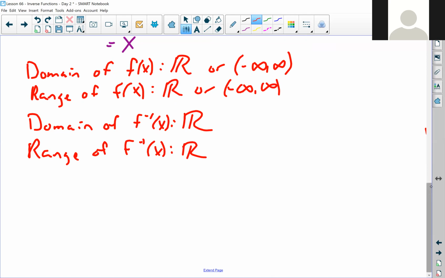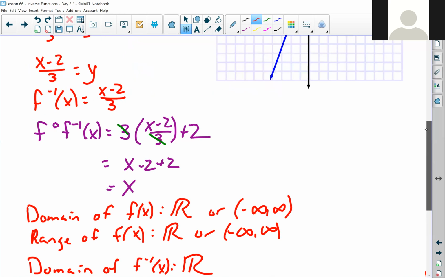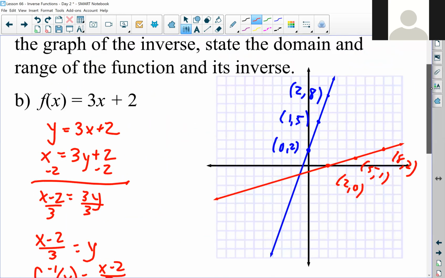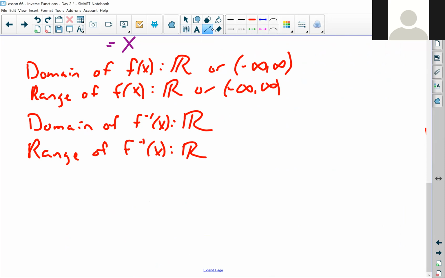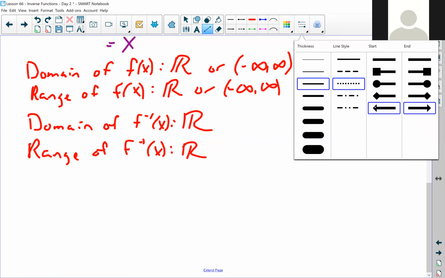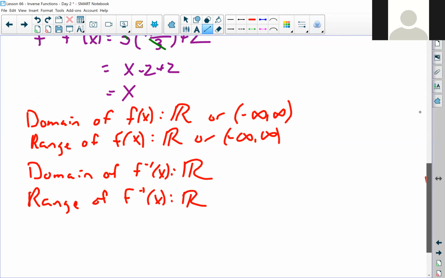One of the things that we said was that a function and its inverse are a reflection over the line y equals x. So I just want to draw that in real quick to show it. So I'm just going to make a dashed line through my graph.